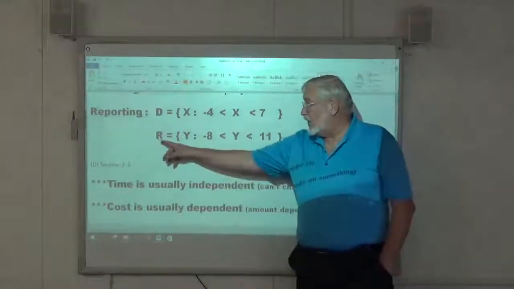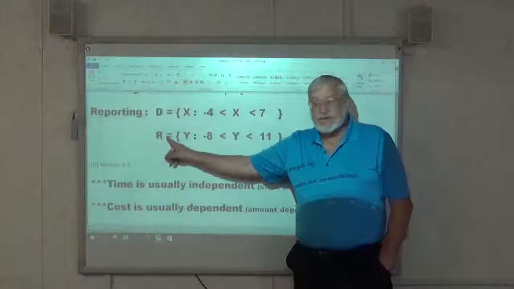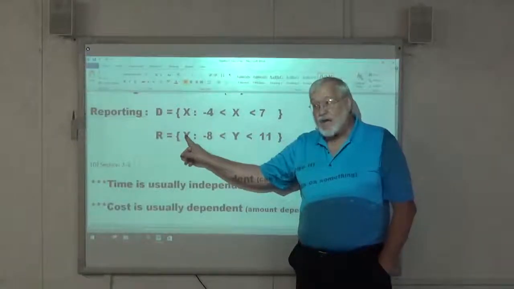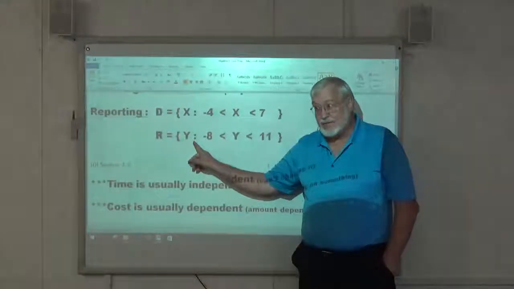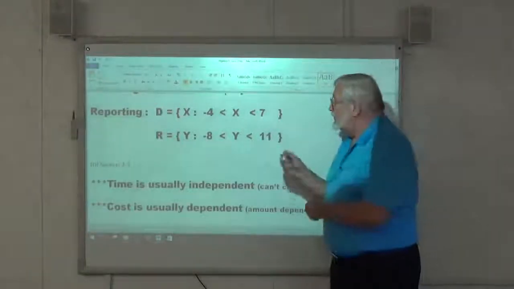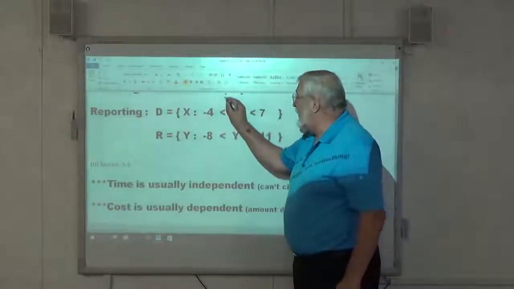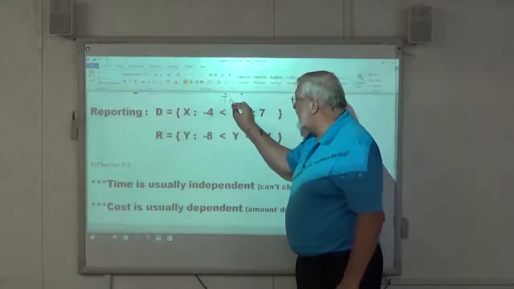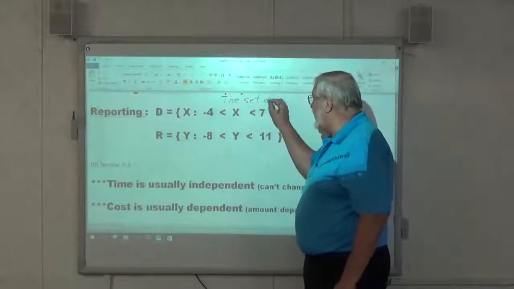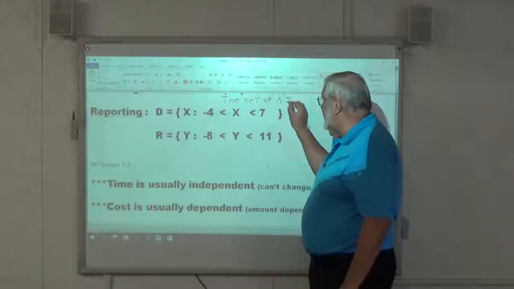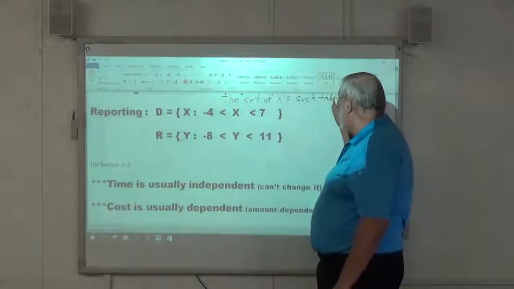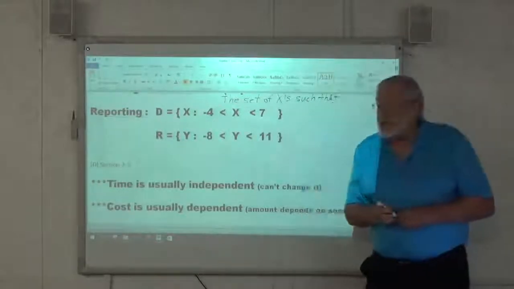And then this one, R for range. Range is equal to the set of y's such that. This is not the set of x's such that.